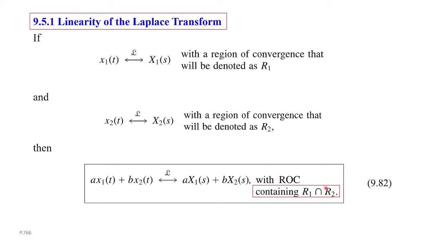But now the ROC is going to be the union of R1 and R2. It needs to be the union because you want both x1 and x2 to be convergent on this region. We need both of them to be convergent here, and that's why you have a union. And we have seen this many times in the partial fraction expansion.